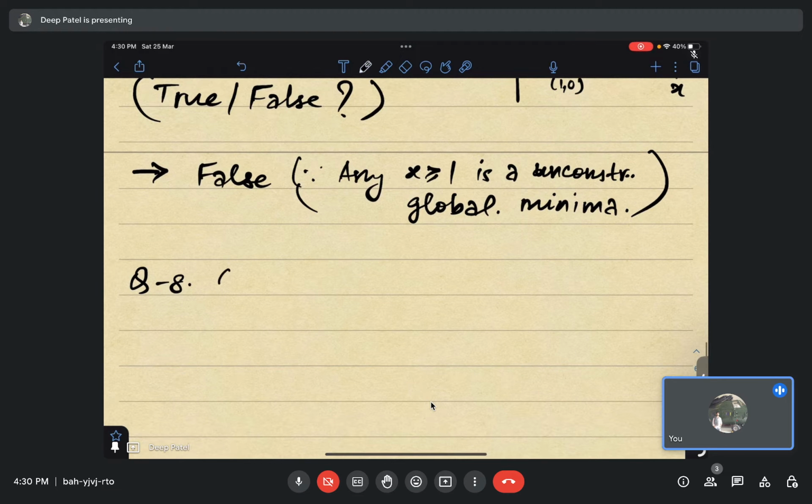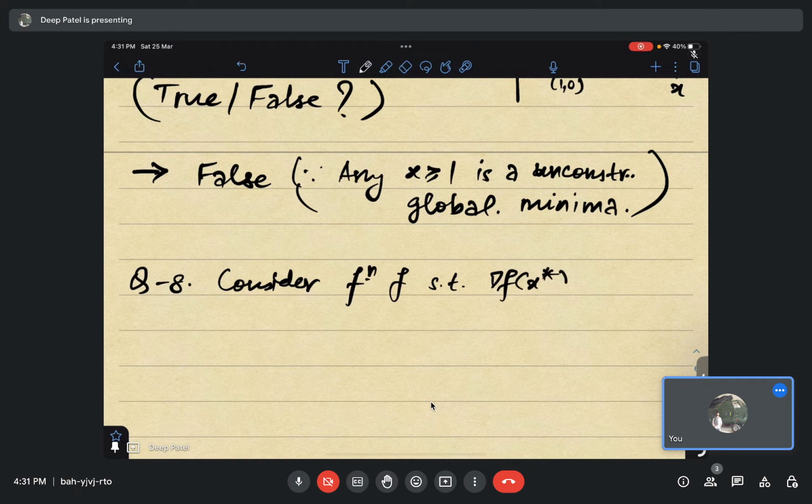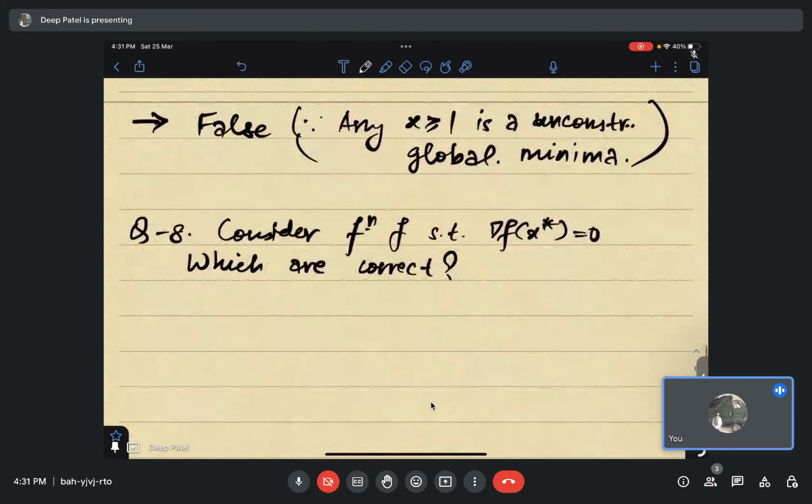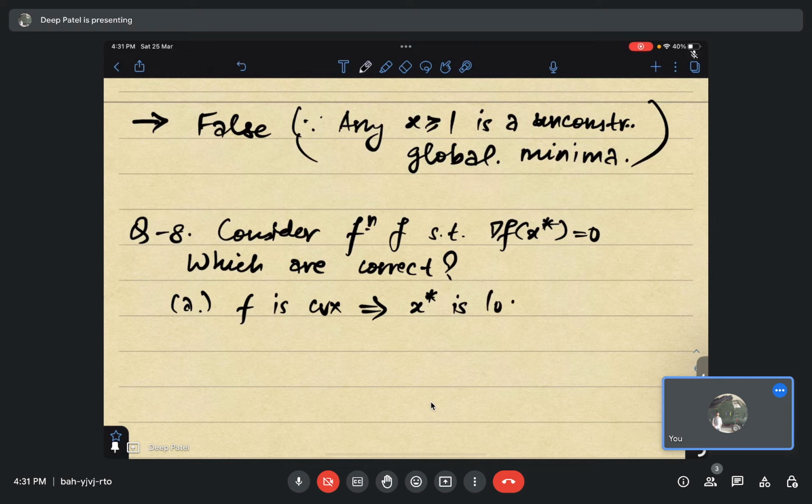Okay, so for the next question: there is a function f such that there is a point x star at which the gradient is 0. We'll go one by one and see which ones are correct. If f is convex, x star is a local minimum.